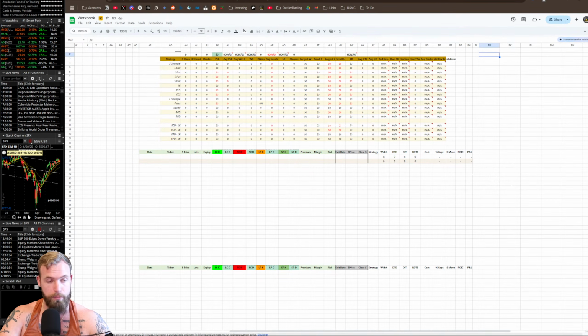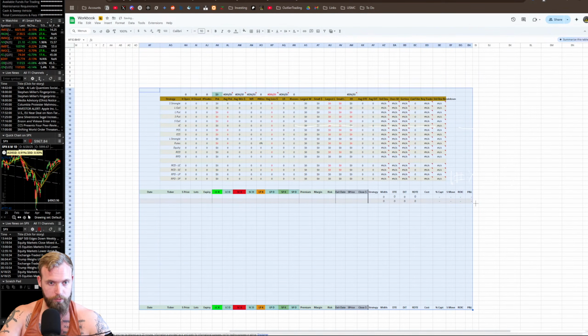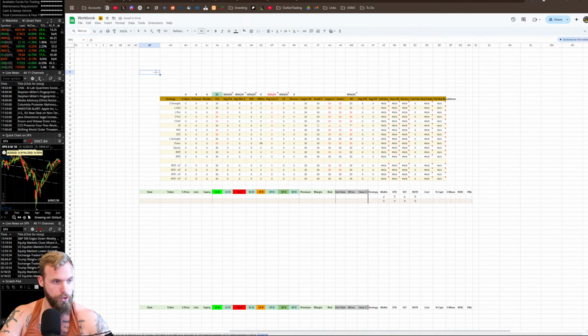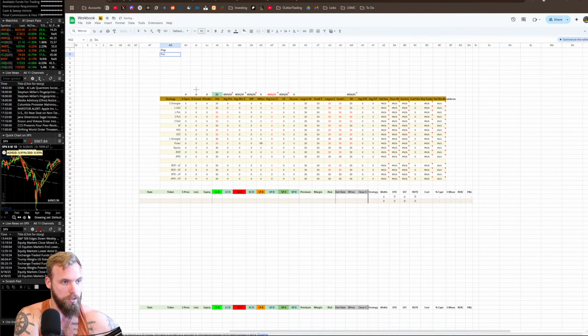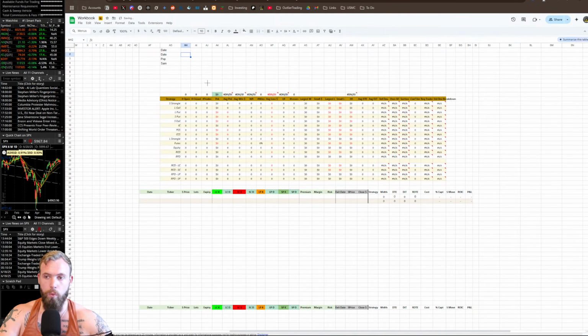Now, what I do in my log is I have a couple things. This is just a super simplified version. Up here, I have two inputs, something like population and sample, and then I have input dates, and an input for strategy.